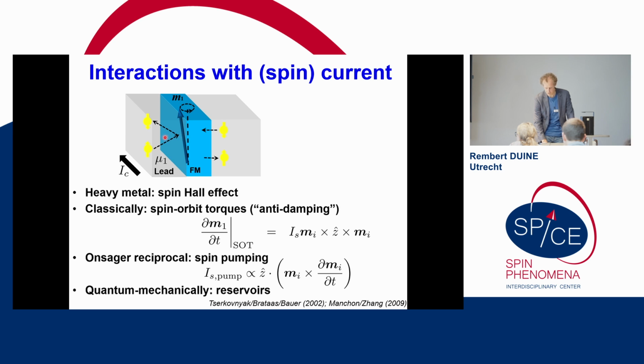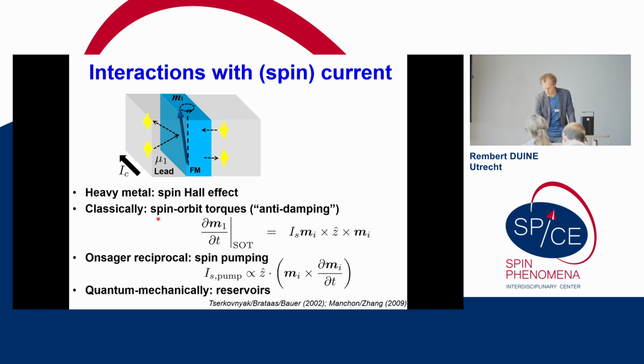And this transverse spin current can flow across the interface between the non-magnetic heavy metal and the magnet. And this can then, via spin flip scattering at the interface, dump angular momentum in this ferromagnet.